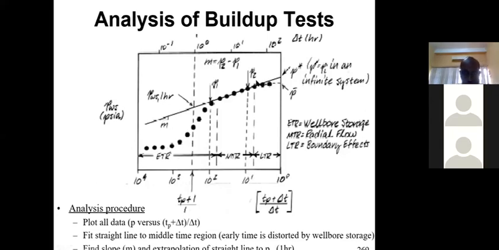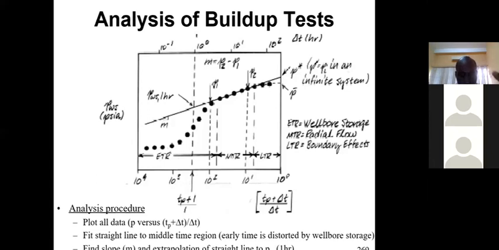This is a typical plot of your build-up test data on a semi-log plot. You see 10 raised to the power 4, 10 raised to the power 3, and I think we went through how to use the semi-log plots. Of course, your shut-in pressure is plotted on your y-axis.